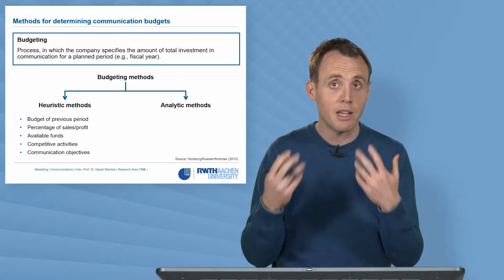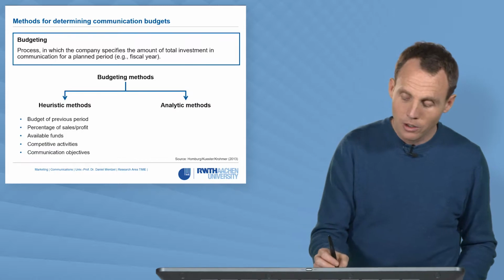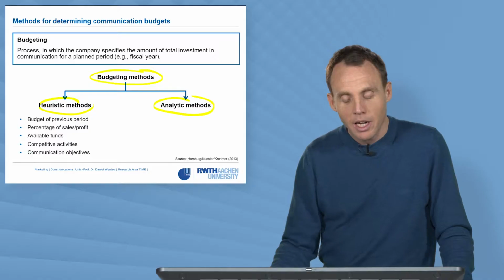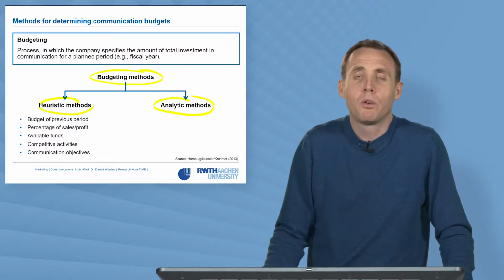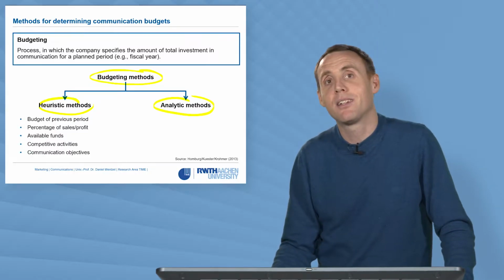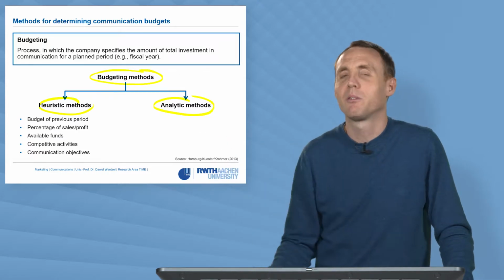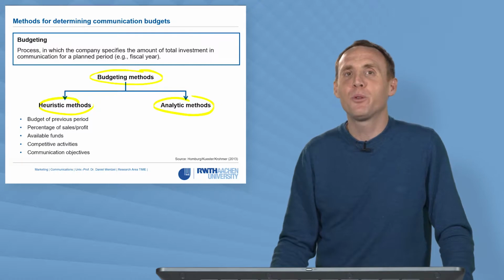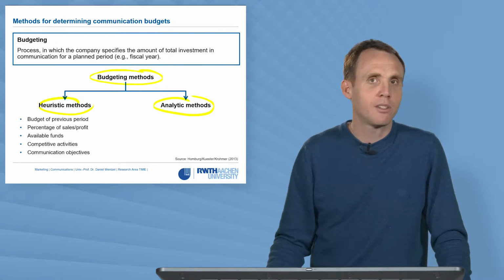So what kind of methods could you use? If you look at what's out there in terms of budgeting methods, there are two broad classes: heuristic methods and analytic methods. From what I've seen in practice, and I think this is changing because it's becoming more scientific, firms will typically use some kind of heuristic method.